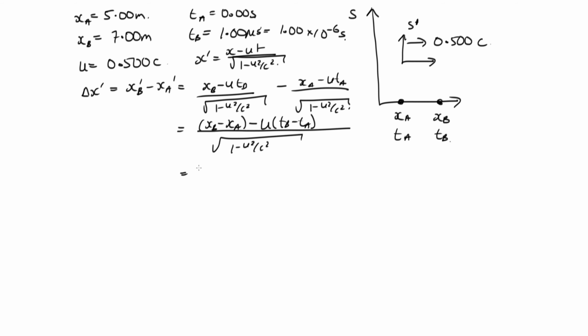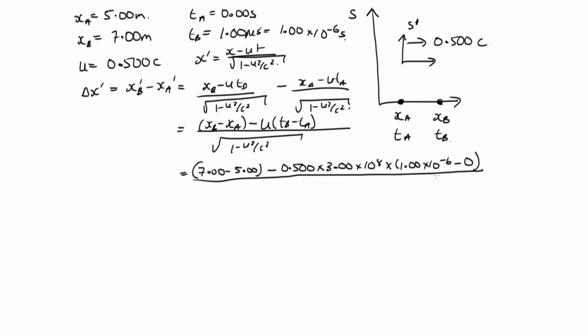So xb is 7 minus 5, minus u, which is 0.500 times c, so times 3 times 10 to the 8, times tb, which is 1 times 10 to the minus 6, minus ta, which is 0, divided by the square root of 1 minus u squared, so that's 0.500 squared c squared divided by c squared.